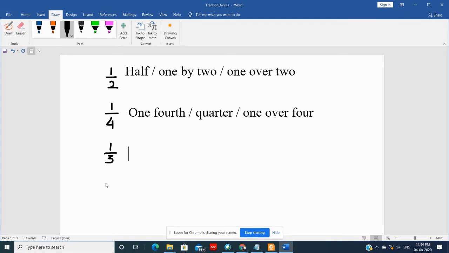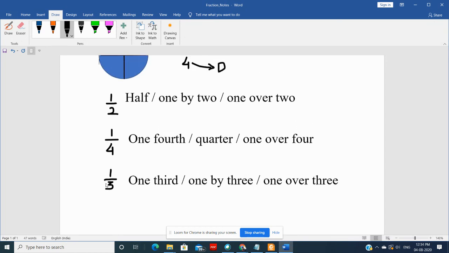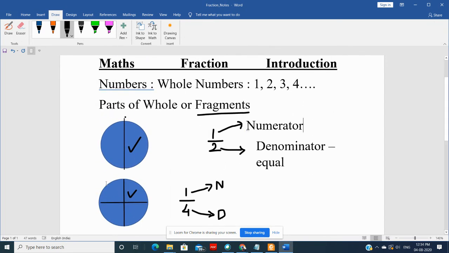This is read as 1/3, or one-third. All right? These parts show fragments, that is fraction.